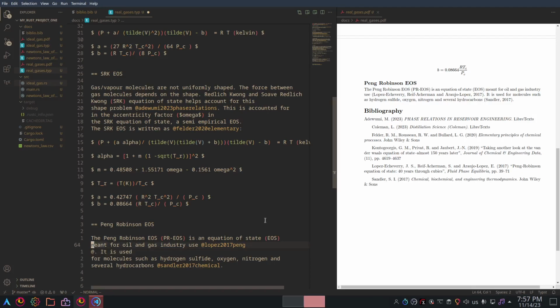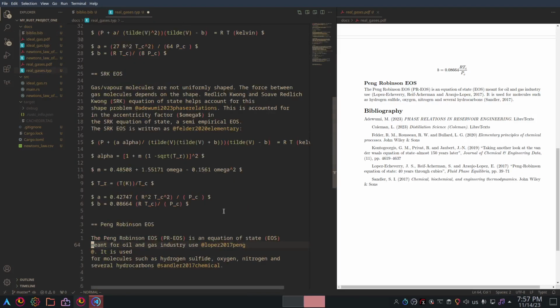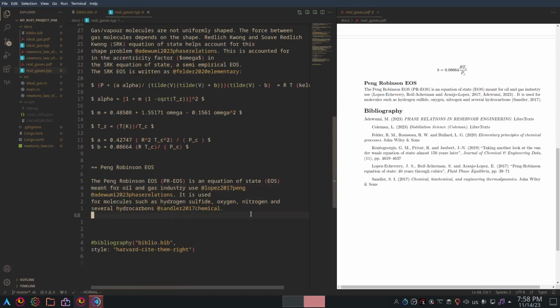So I'm going to go back to the bib file and paste this here. Okay, so all the citations are done. So yes, it's used for molecules such as hydrogen sulfide, oxygen, nitrogen, and several other hydrocarbons. So the form is as such, or the equation is as follows.